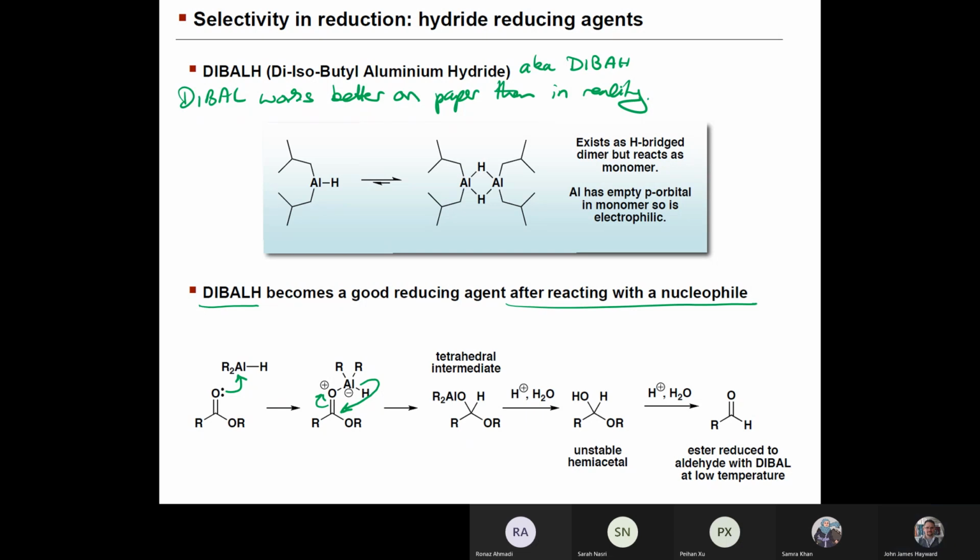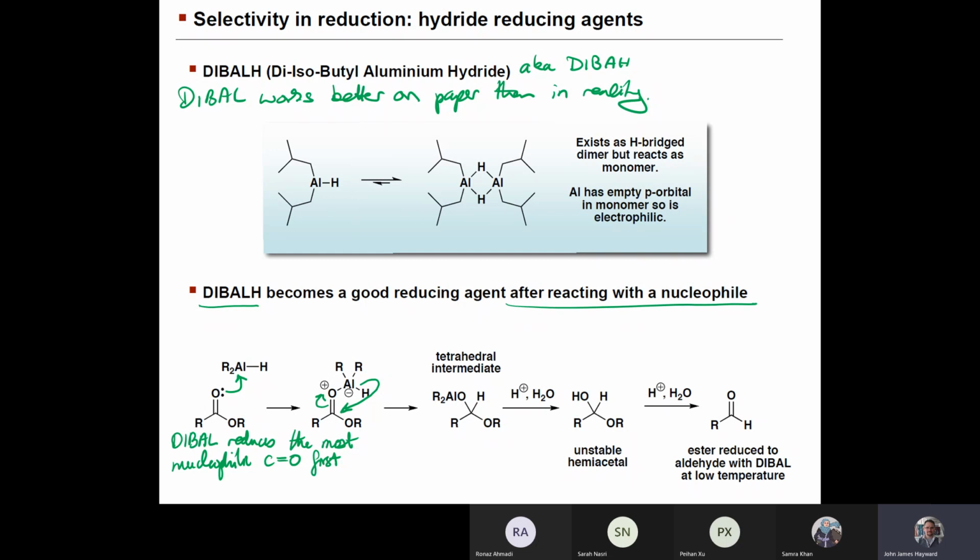So, dibal reduces the most nucleophilic C=O first.